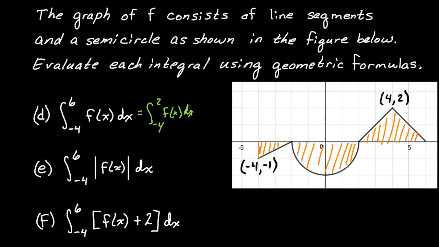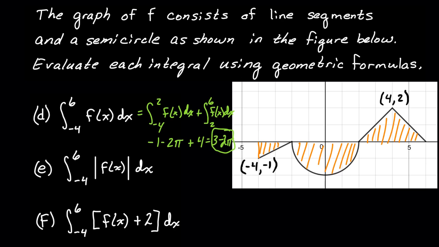And so if we take that area plus the area from 2 to 6, we can add those together. So the first area was -1 minus 2 pi plus, and then the area here is 4 times 2 divided by 2, that's plus 4. That'll give us a total area of 3 minus 2 pi.